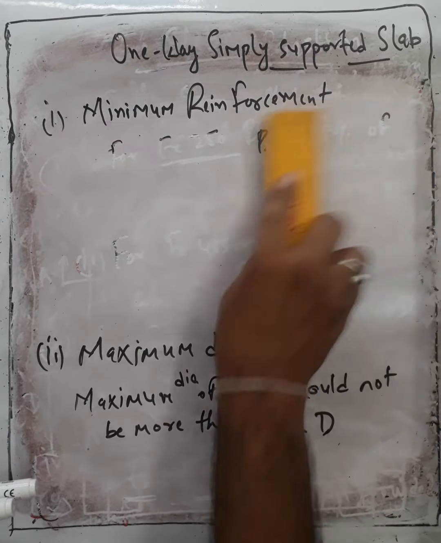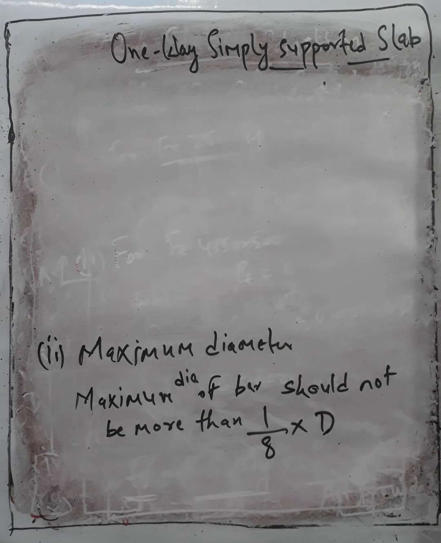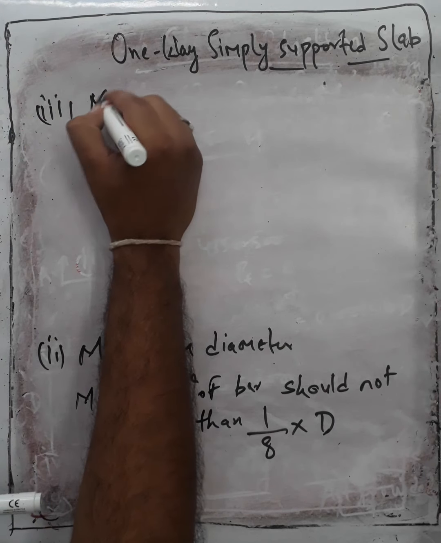And third one is the minimum diameter. Maximum diameter you have provided 1/8 of overall depth, and minimum diameter is next.